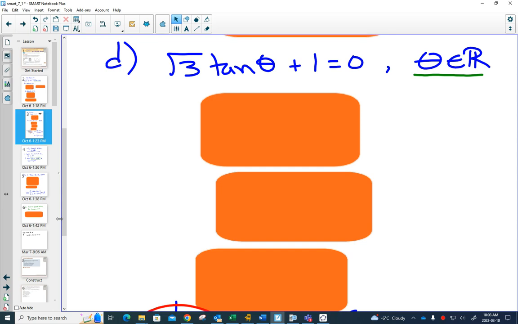So the idea is, if you solve from 0 to 2 pi, usually you find two answers. One here, one here. If you went a second time around, you'd get another two answers. The third time around would hit two more coterminal angles. And so everything that's coterminal with your first answers will be answers as you keep on going.